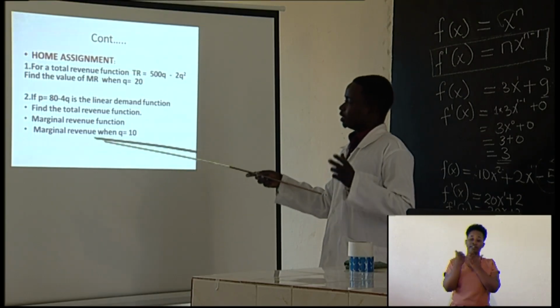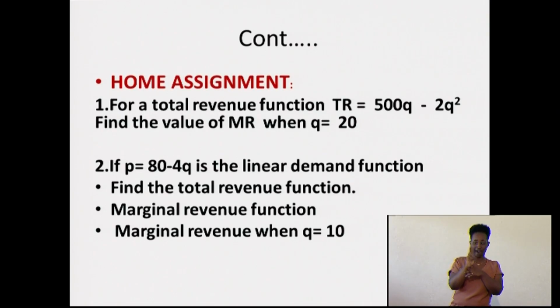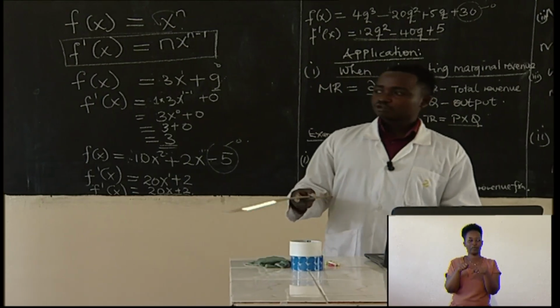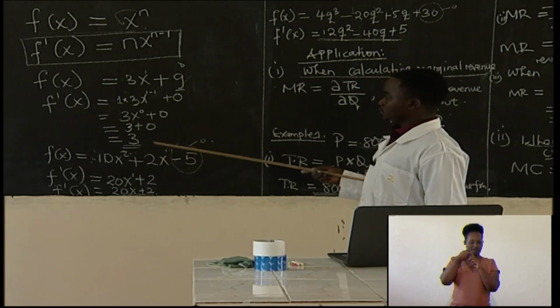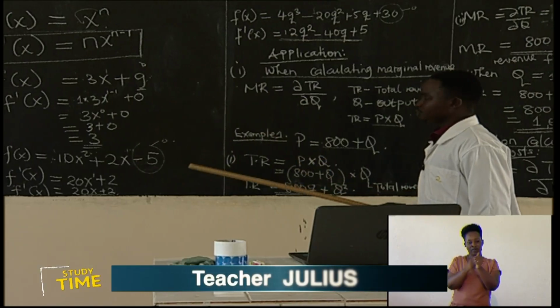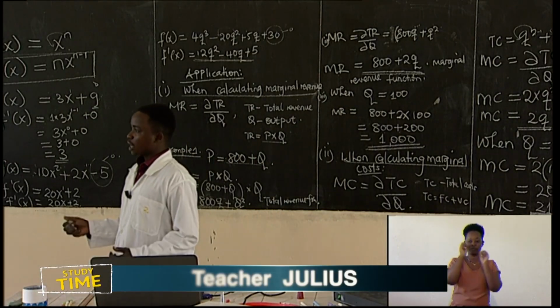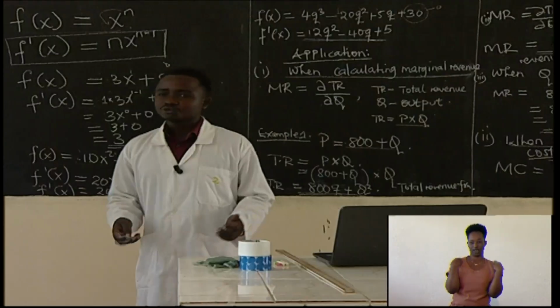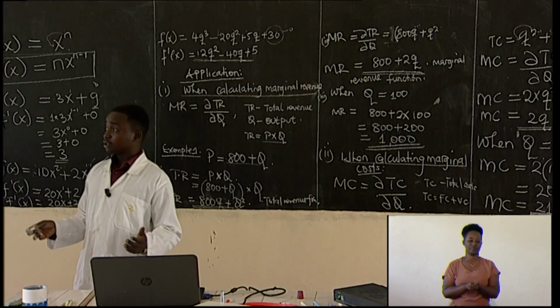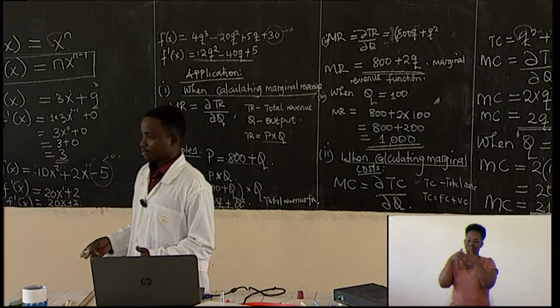Then in your marginal revenue function, you will substitute Q, our output, equal to 10. From there, you will be able to get your marginal revenue when output is 10. I think you'll be able to work that out following the directives and what we have done together, with ease and without meeting many difficulties.